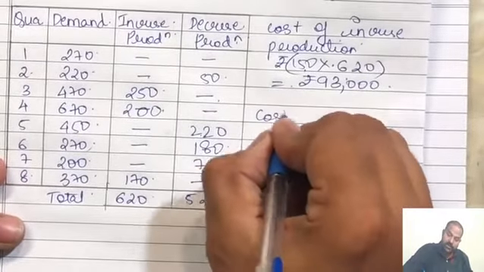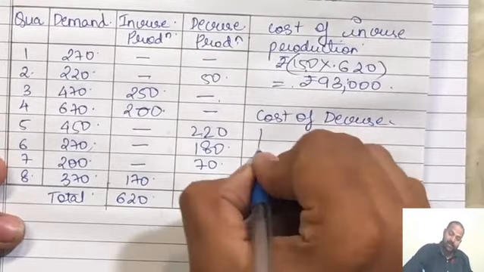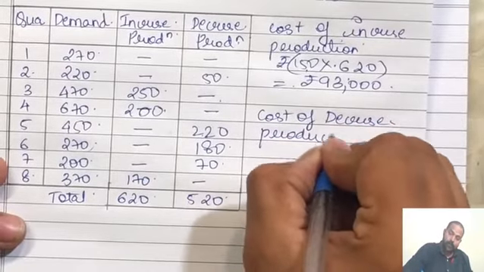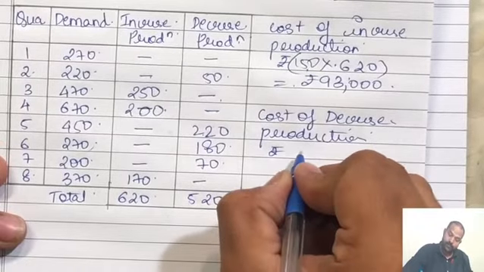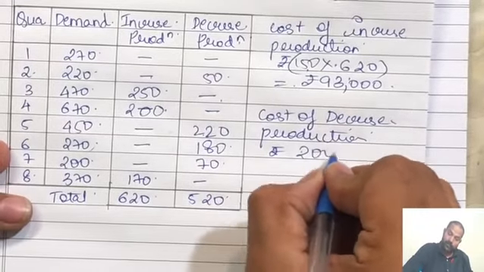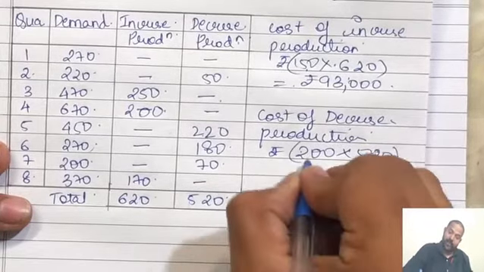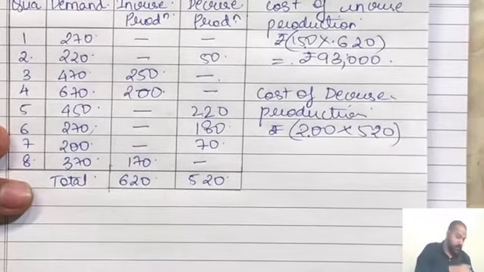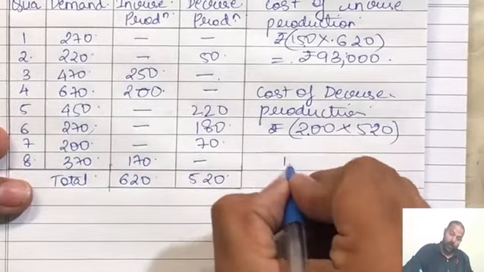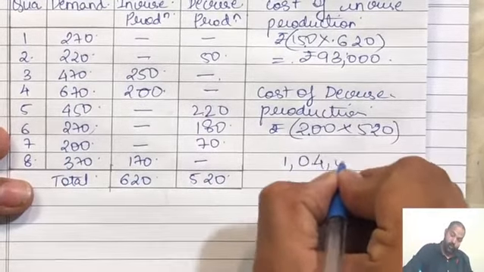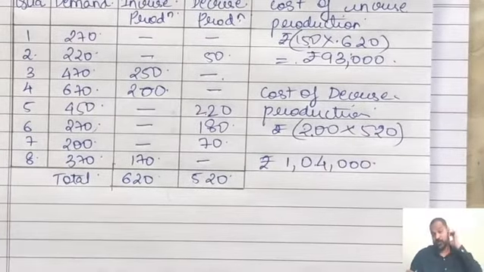And the cost of decrease in production is rupees 200 for decrease, into 520 units that I am decreasing by. So 200 into 520 is 104,000, roughly 1,04,000 rupees.